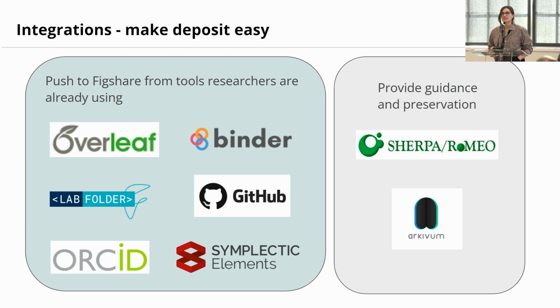Obviously Elements is in here. So if you're really trying to get researchers to find an easy route to deposit, being able to also replicate metadata when they've already filled that in GitHub and just pop that in Figshare, that becomes really easy for them. Same as Elements, it also provides that same Sherpa Romeo advice in the user interface.